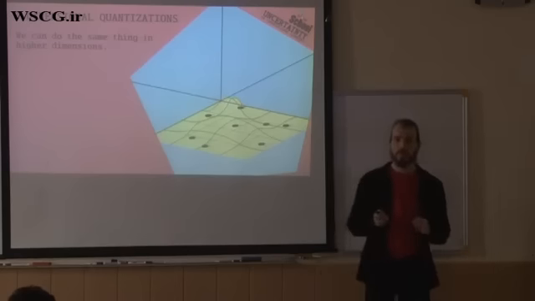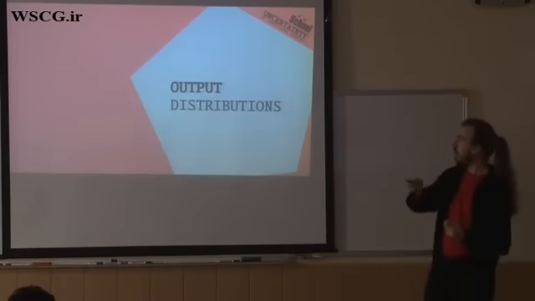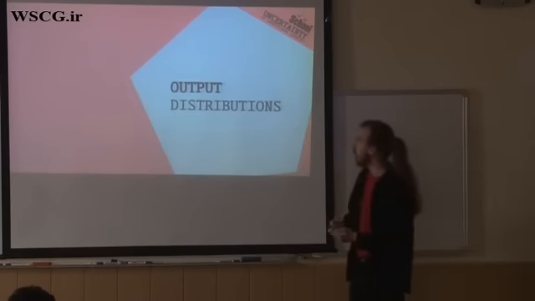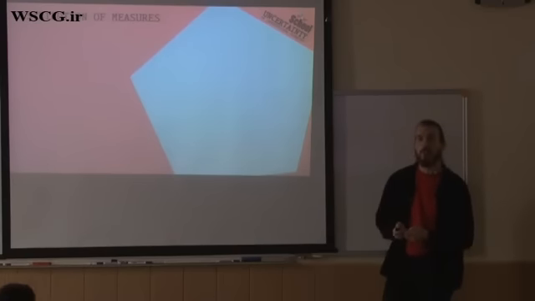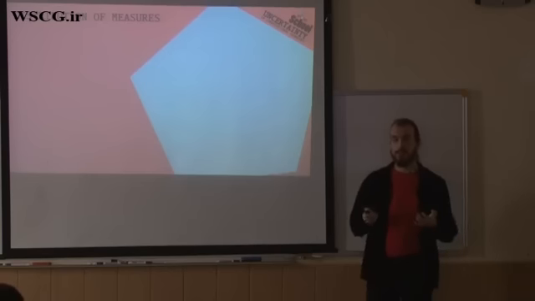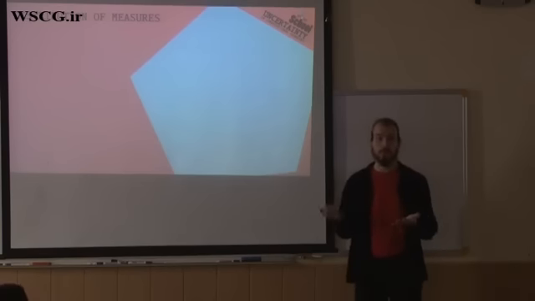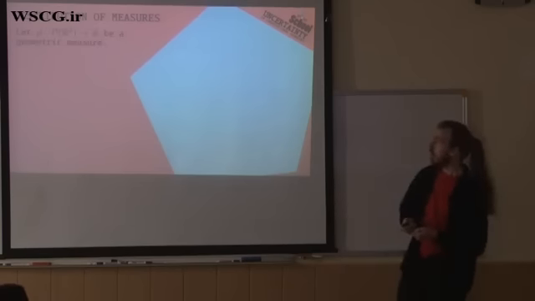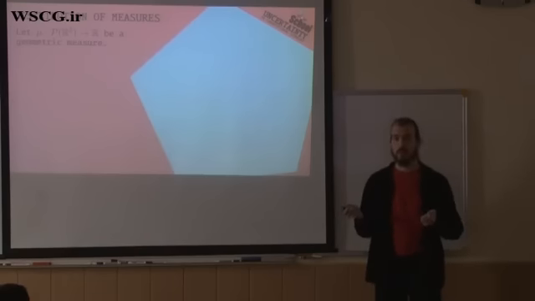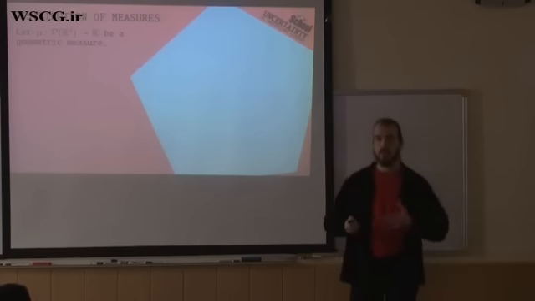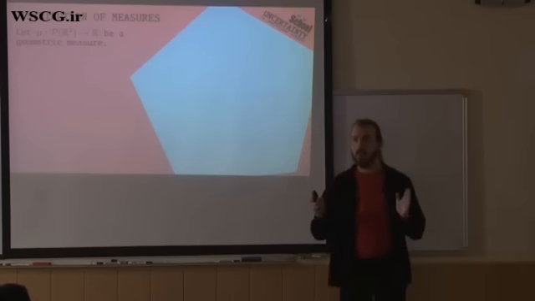Okay. So, output distributions. Suppose we have a measure that computes a value on a set of points in the plane, like before. Mu is some function. It takes a point set and produces a real number. And before we said, well, if the points are uncertain, then we can compute an interval of possible values.